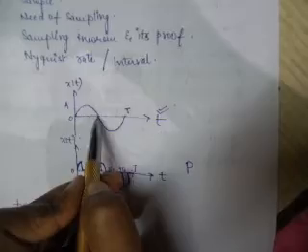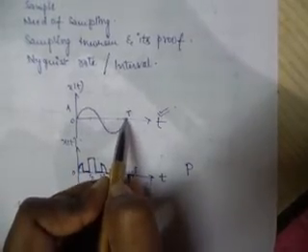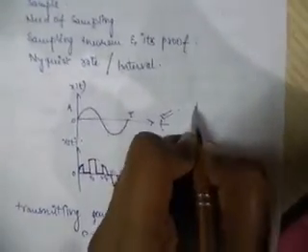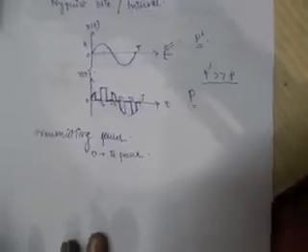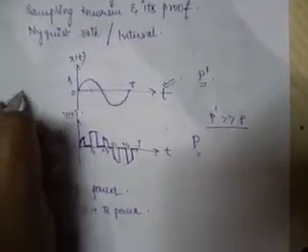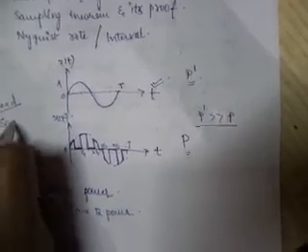If we find out the average transmitting power, we will get a power P dash, and this P dash is very, very high compared to P. So the main motive, or the need of sampling, is to reduce the transmitter cost.